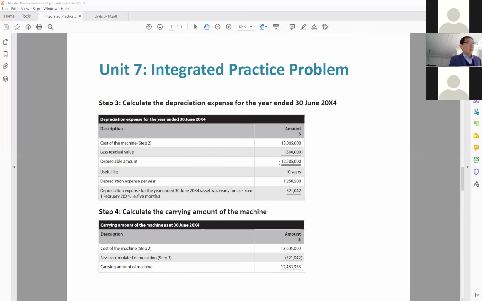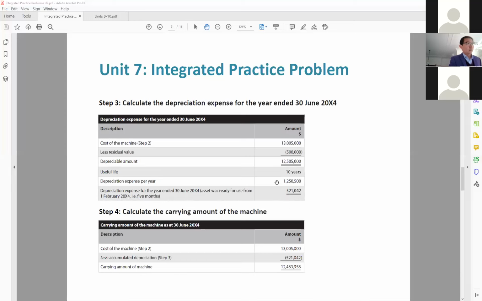So this is the amount that we need to depreciate over the useful life, which is 10 years. So this number, 12.5 million divided by 10 years, will give us 1.25 million. But because the asset was ready for use only from February, what it means is that for the financial year X4, we only need to recognize 5 months of this.